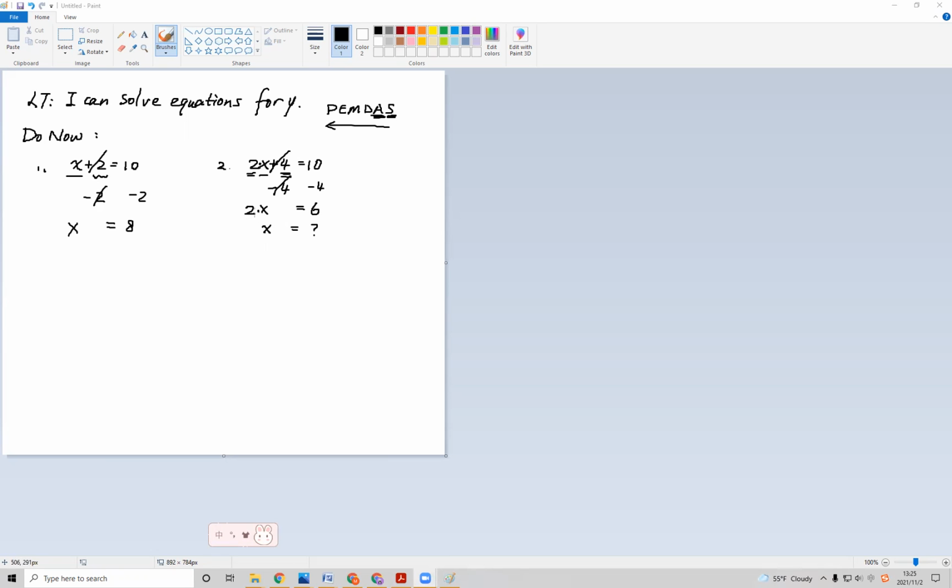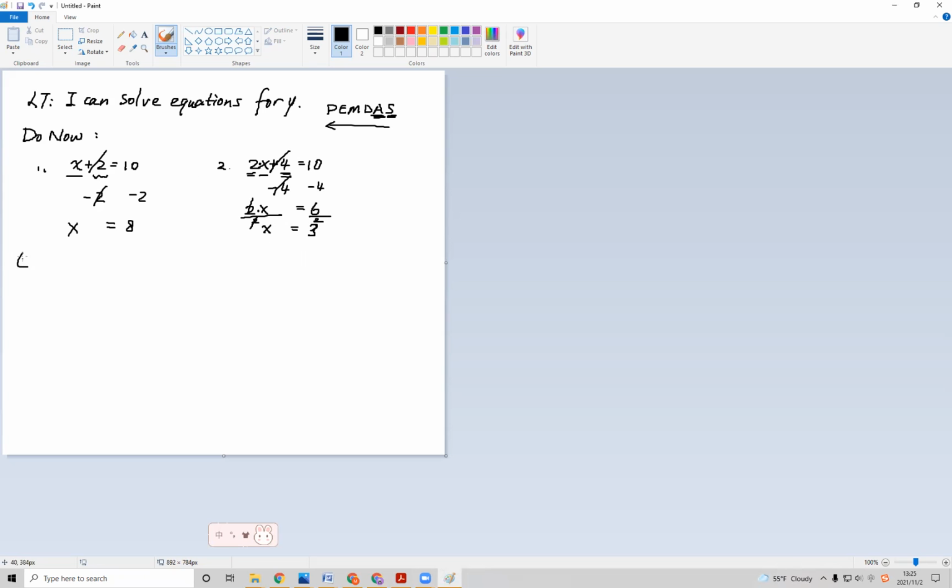This is multiplication, and the inverse operation of multiplication is division. So divide both sides by 2, and the 2 cancels out. Answer is x equals 3. That's it. This is how we solve basic equations, no matter 1-step or 2-step.